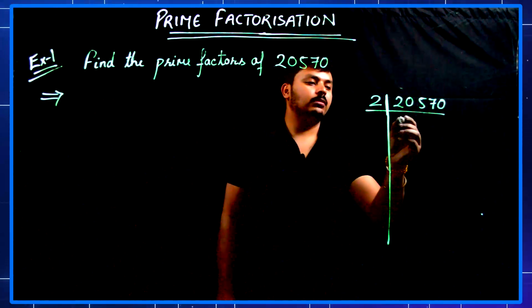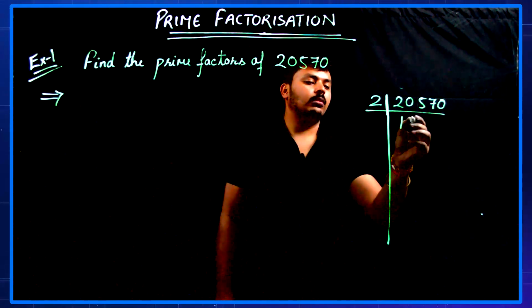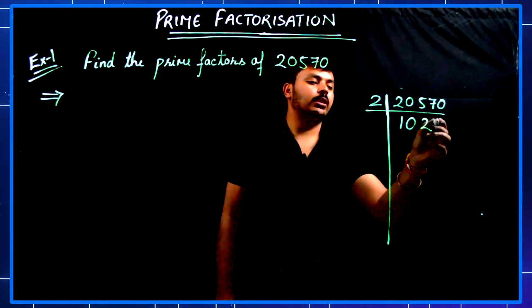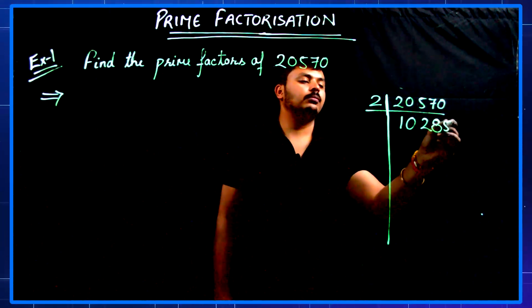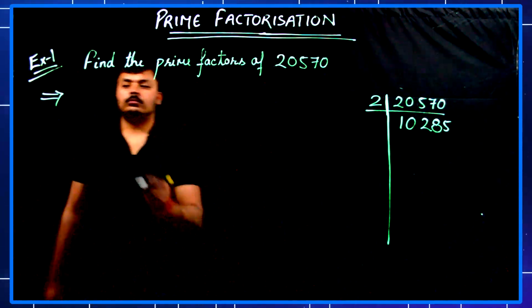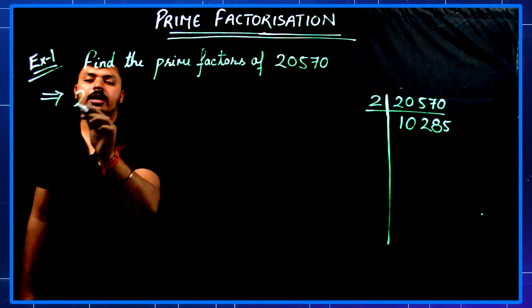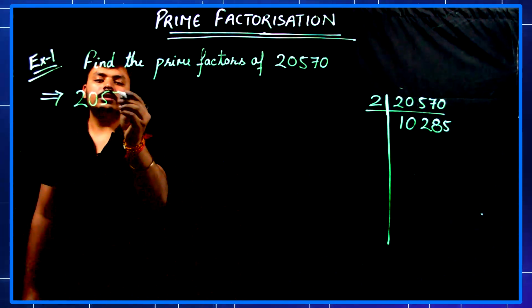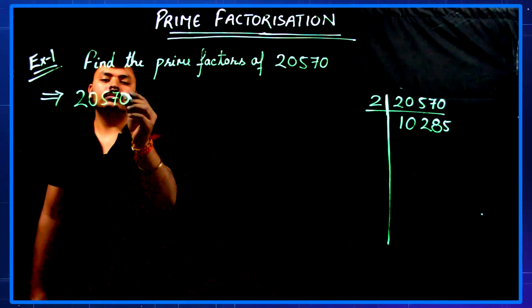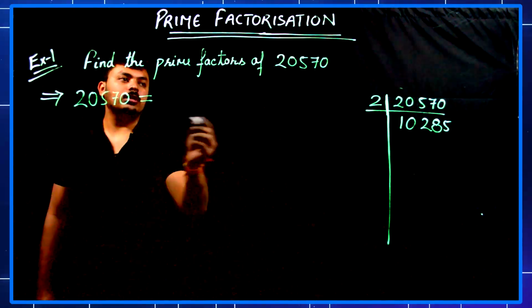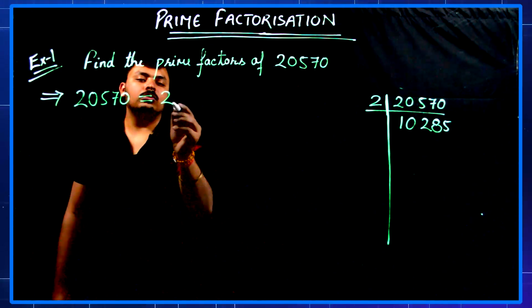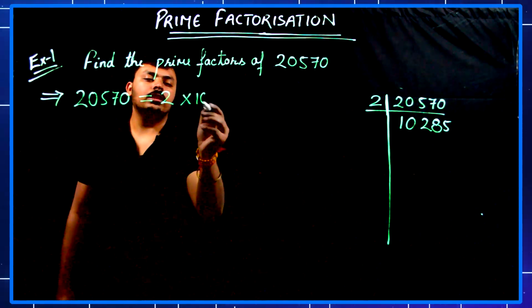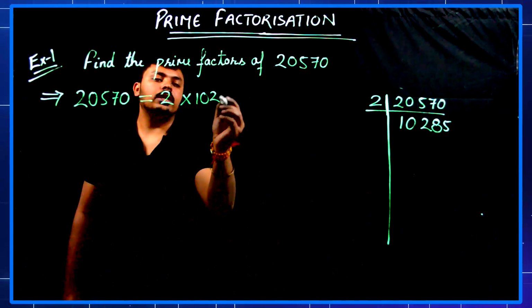So we get 10,285. So we can write 20,570 as the product of 2 into 10,285.